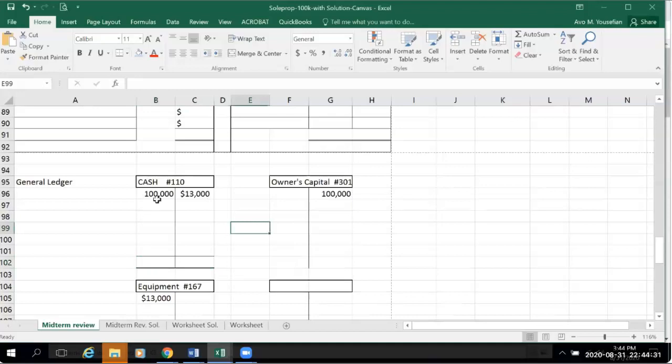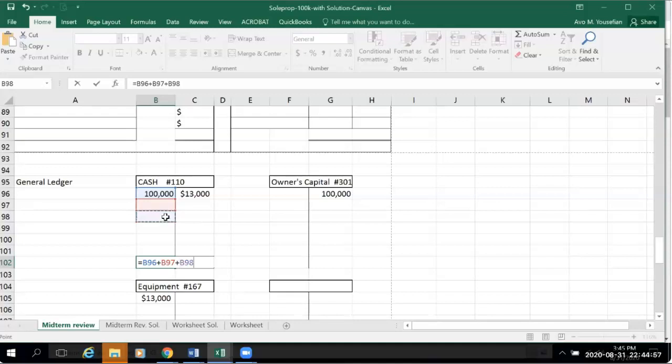Whatever is on the debit side, we say equal to that box plus that plus this plus that plus that plus that, minus this minus the other box, minus the other box, and so on.